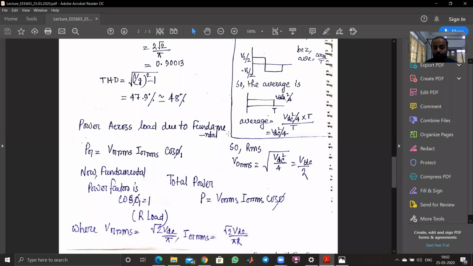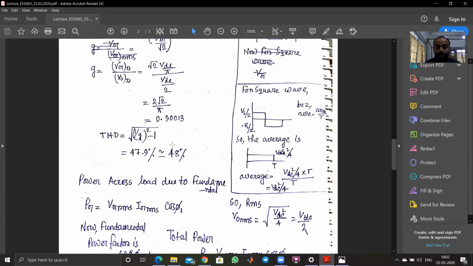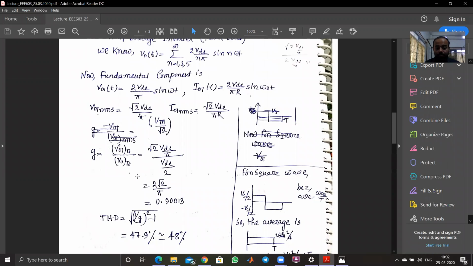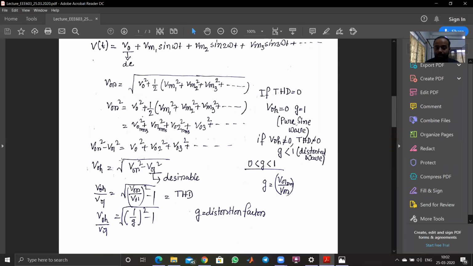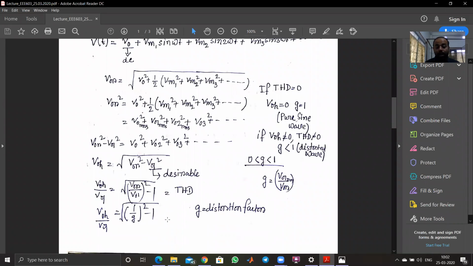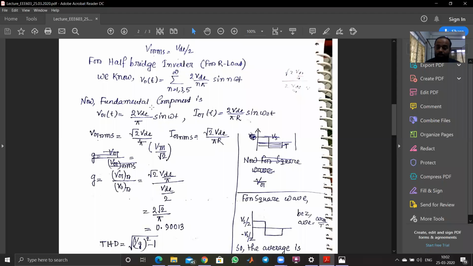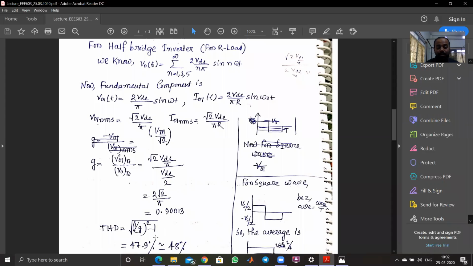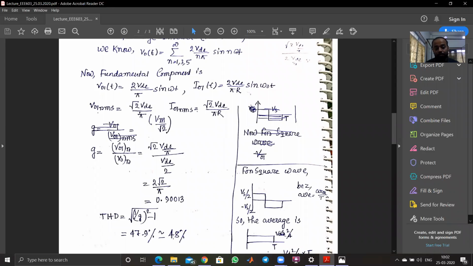That's why it is very important to know what amount of harmonic distortion is caused by the inversion of DC to AC. From this, we have learned mainly three things. One is the total harmonic distortion, how it is calculated for any waveform, and when we apply it to the single phase half bridge inverter, the distortion factor is like this and the total harmonic distortion is nearly 48%.